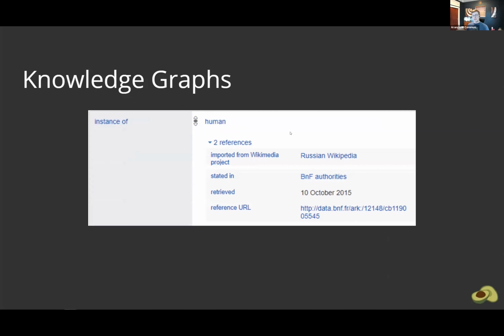And this shows that this was imported from the Wikimedia project of the Russian Wikipedia page. And the reason I wanted to point this out is this is sort of that benefit of a knowledge graph, where we're taking information from multiple resources, collecting it, making it conform to this ontology that Wikidata has, and making it now accessible to hundreds of other sources, at the very least, other Wikipedia pages.